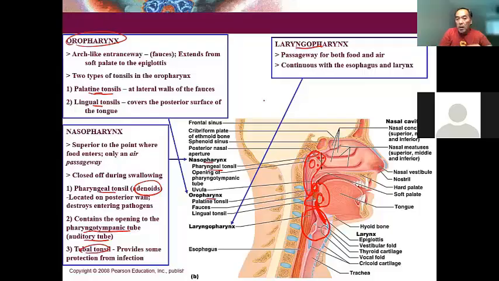Now, note that the esophagus is located at the back of the pharynx. That's why when you swallow, you have to lift your throat up in order to lift the esophagus also to grab the food. So this is the structure located at the laryngopharynx. Just identify the structures within those groups or sections.